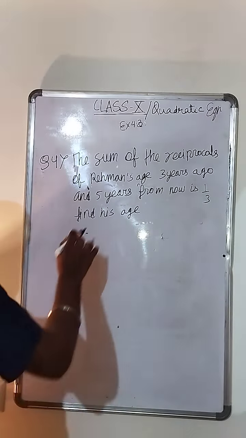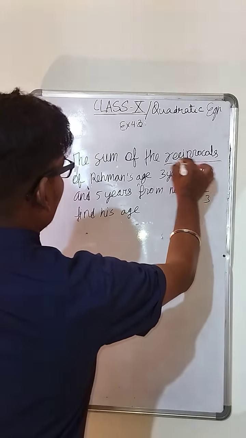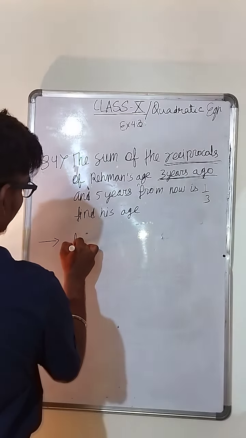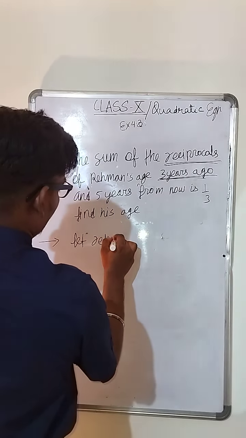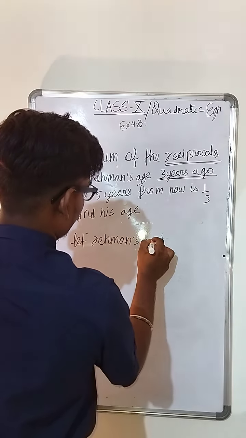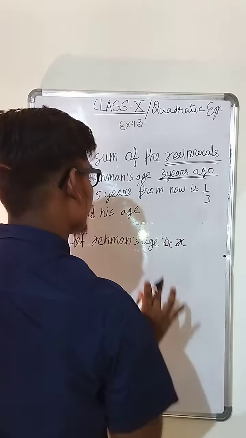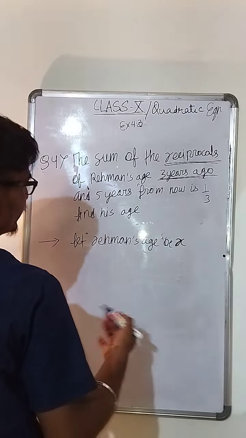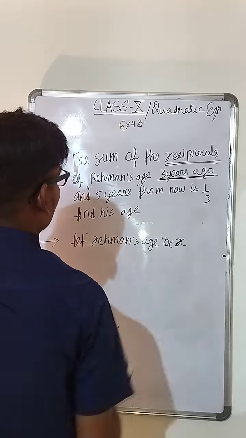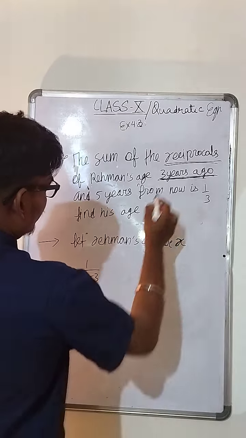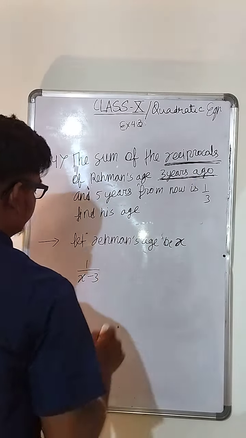Okay, I need to find his present age. The reciprocal is given for 3 years ago. So let Raymond's age be x. Three years ago means earlier, so 1/(x minus 3), because it is saying reciprocal.